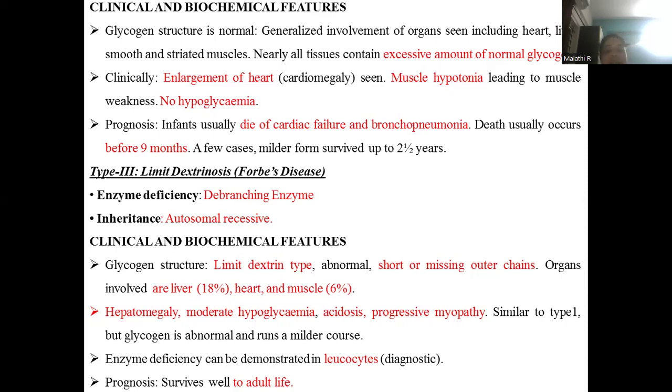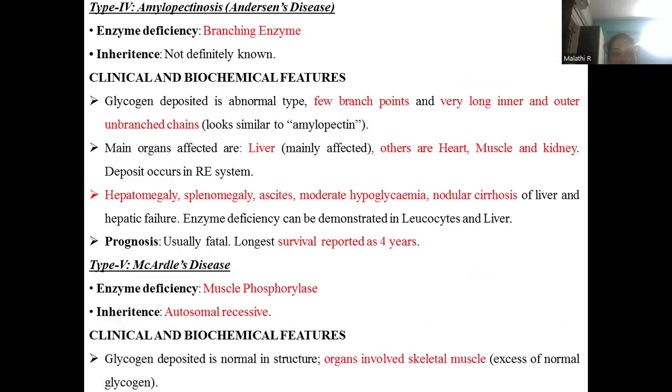Hepatomegaly, moderate hypoglycemia, acidosis, and progressive myopathy are seen. Similar to type 1, but the glycogen is abnormal and it runs a milder course. The enzyme deficiency can be demonstrated in leukocytes, which is used for diagnosis of this particular type. Prognosis: survives well into adult life.